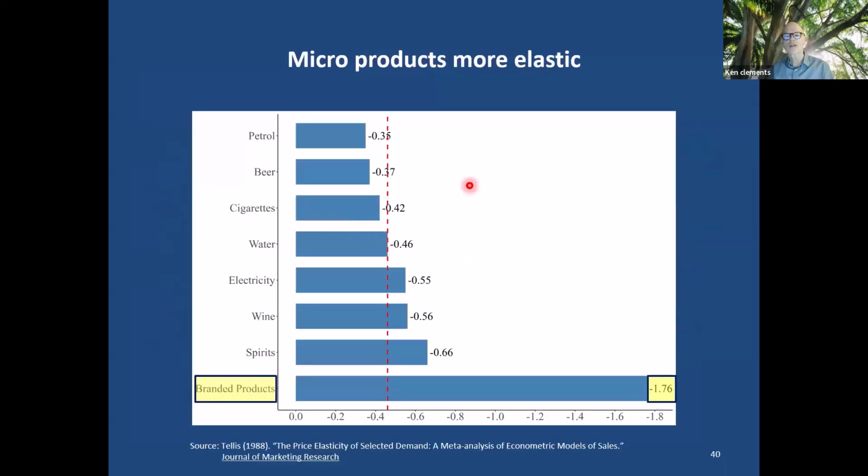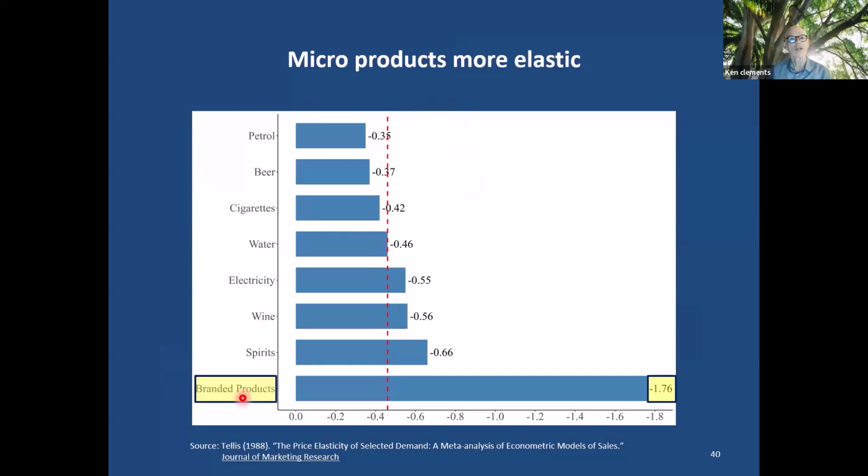Now, contrast these broad aggregates with micro products. Micro products I call down here branded products, and branded products are not a broad aggregate. Branded products have lots of good substitutes.